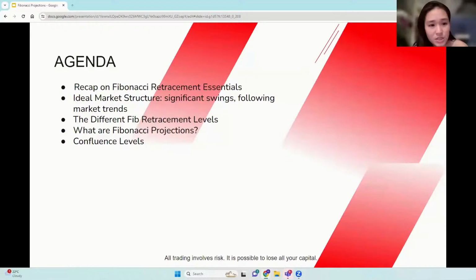So here's today's agenda. We'll do a brief recap on Fibonacci retracement, the ideal market structure, and then we're going to look at the different Fibonacci retracement levels, and then we'll dive into this week's topic, which is Fibonacci projections, and then we'll look at how we combine what we learned from the previous weeks and what we're going to be learning today on Fibonacci projections.